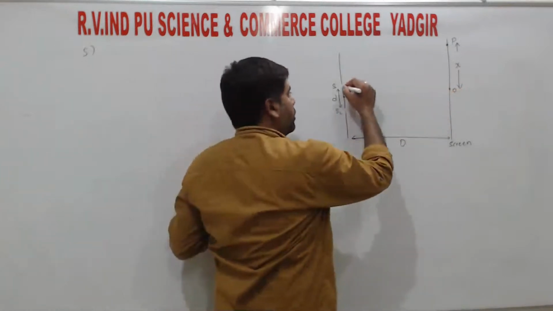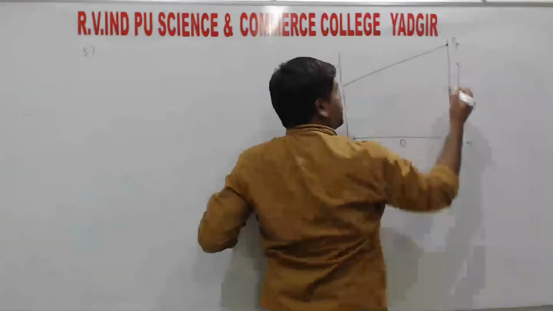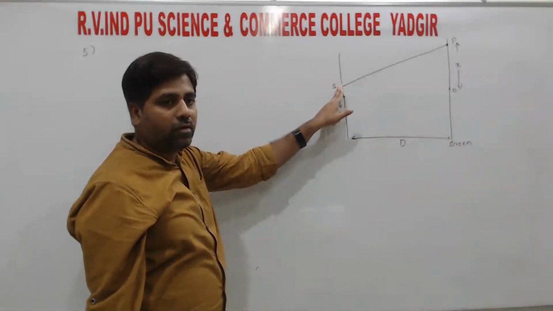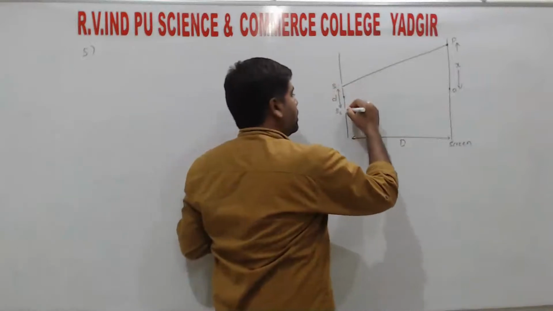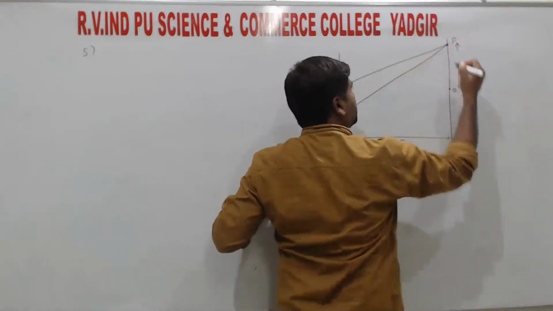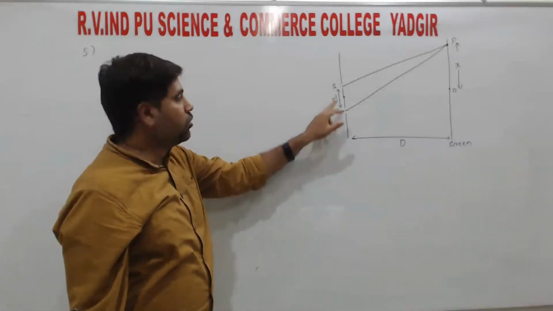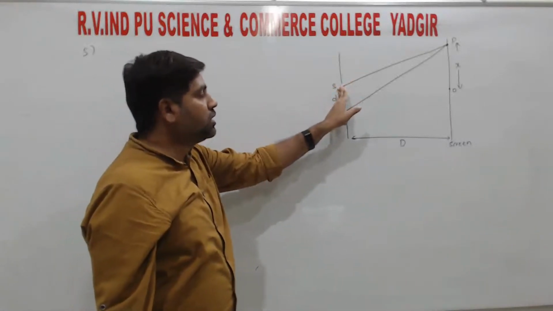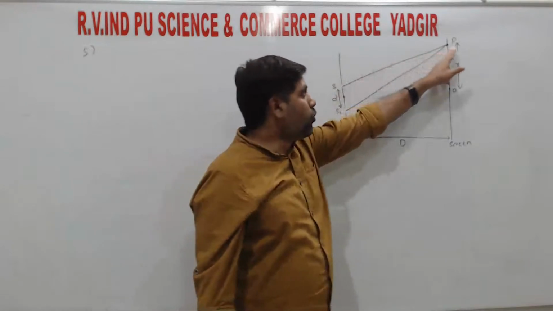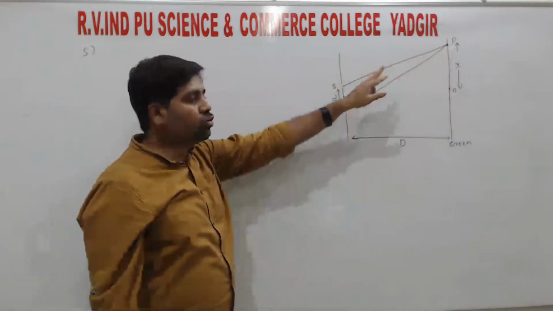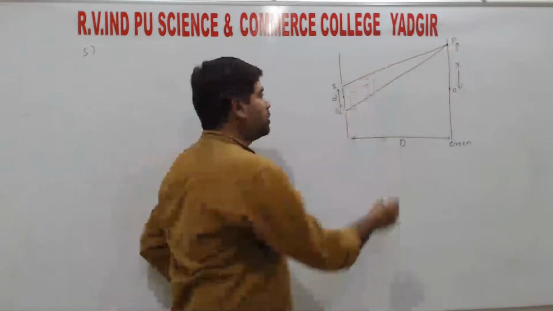S1P is the distance from the slit S1 to the point P, and S2P is the distance from S2 to the point P, right?